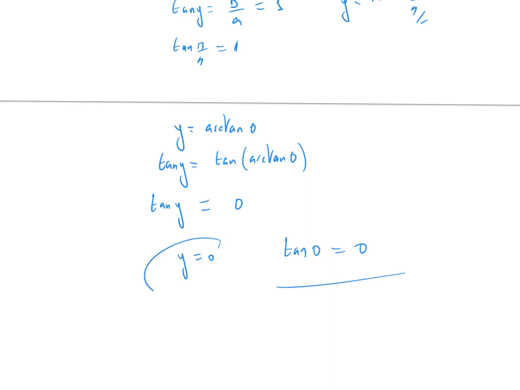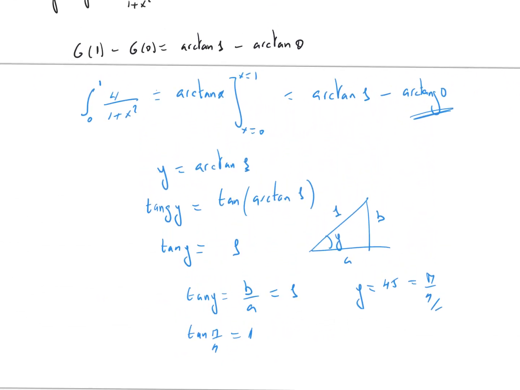So arctan of 0 is 0. So the result is pi divided by 4, arctan of 1, minus arctan of 0, that is 0.